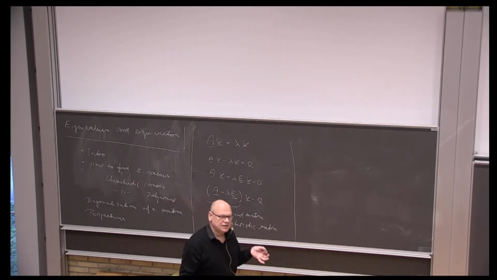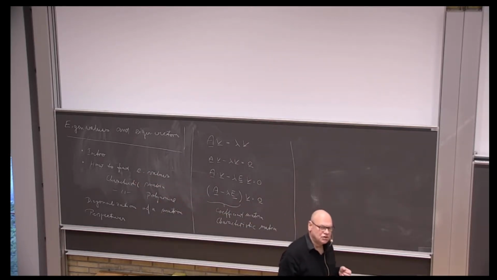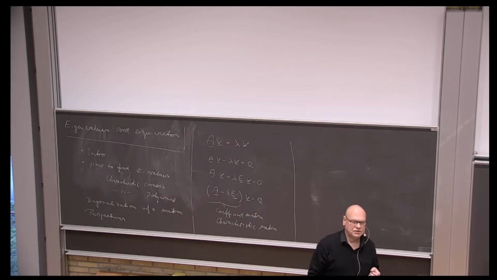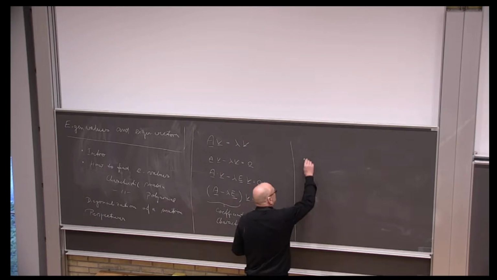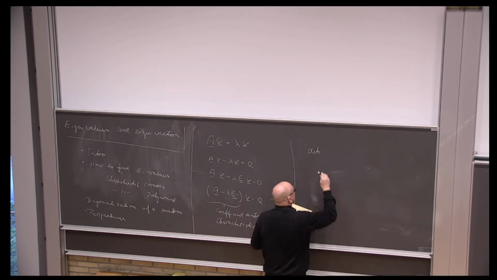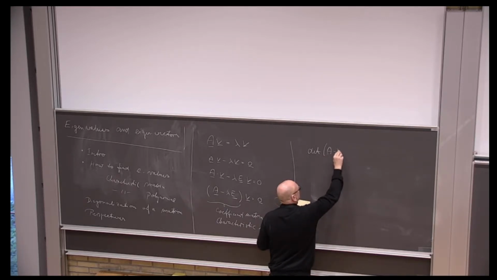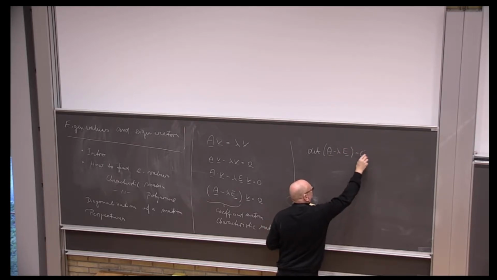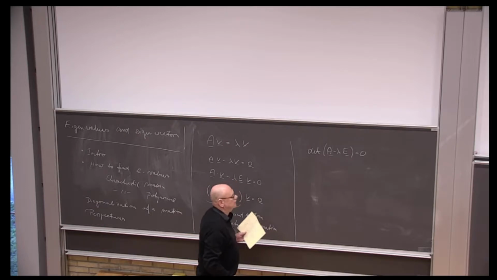For a singular matrix, you know that the determinant of the matrix is 0. So I simply look at this equation: the determinant of A minus lambda E equal to 0.